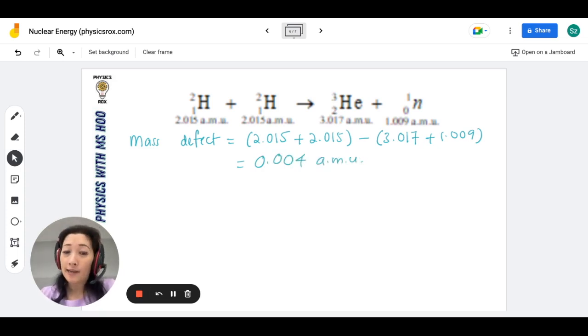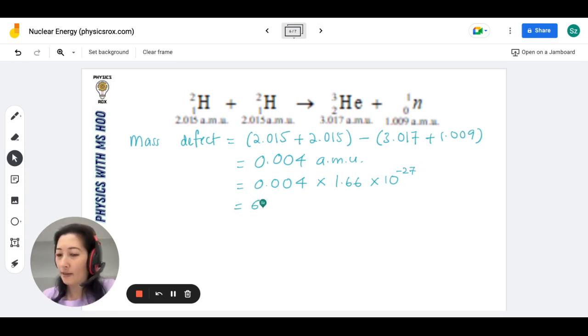Now, it would be a good idea to convert the AMU into kilograms right now. So we're going to take 0.004 times the value of the AMU in kilograms, which is 1.66 times 10 to the power of negative 27.